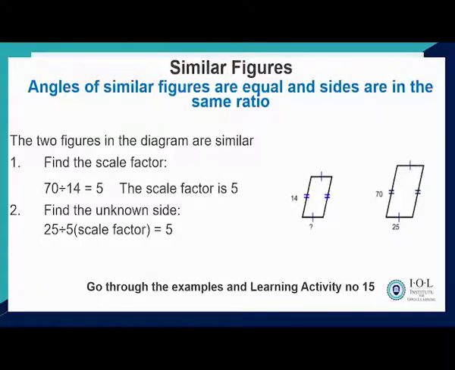The 70 divided by the 14. What happened? The answer is 5. It became 5 times bigger. So that scale factor is 5. So I know the small one times 5 gives the big one, and the big one divided by 5 gives the small one. So how will I find the side that's asked? 25 divided by the 5 gives you then the 5.